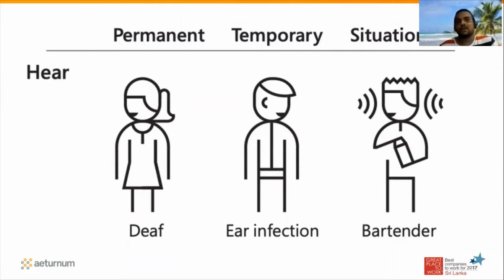Think about moving into a club or party: it's hard to hear anything, right? There is background music running and people are shouting here and there. Compare that with being in the library. A very calm environment, right? So you can hear anything, so it's situational again.